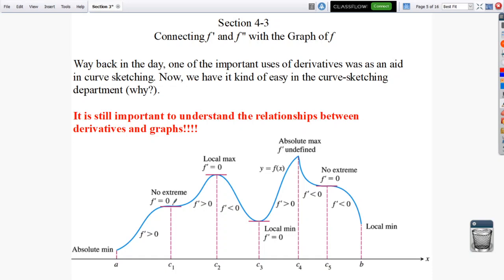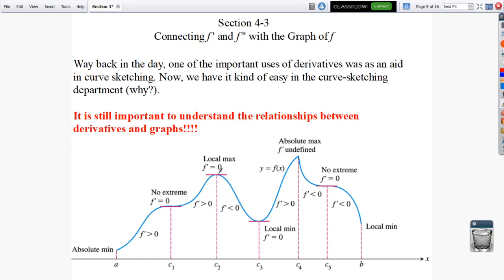We can see at C2, we have again f prime equal to 0, but this time f prime changes from positive to negative. That's how we know that we have a local extreme value. The local extreme value happens to be a maximum because we go from f prime being positive to f prime being negative.